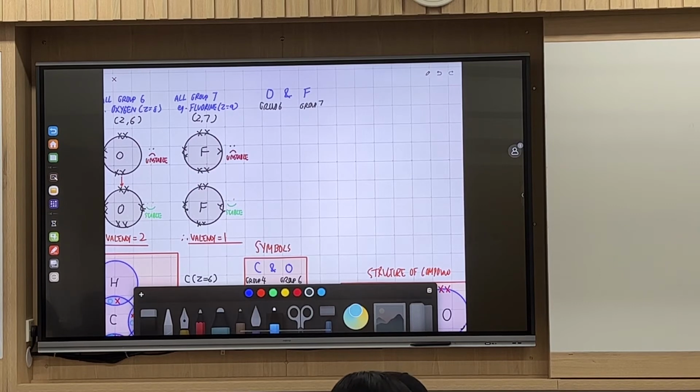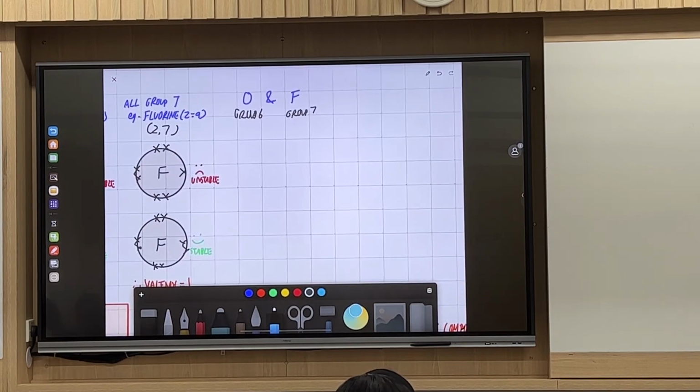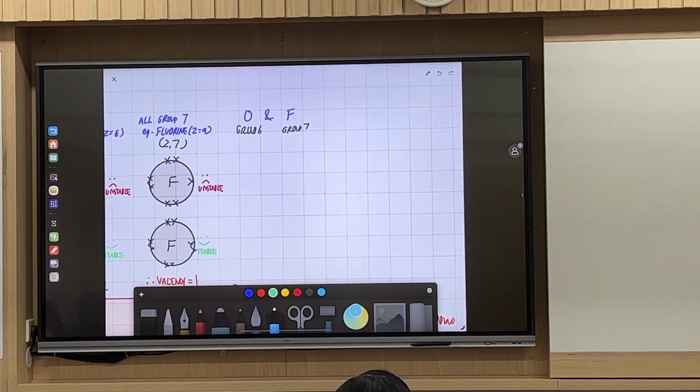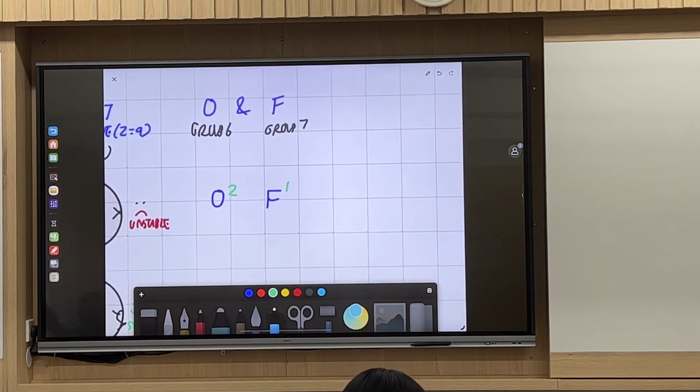So can anyone tell me the formula of this compound? OF2, yes. That's because if something is from group 6, the valency is 2. If something is from group 7, the valency is 1. So you have O with a 2 on top, F with a 1 on top. Then when you swap them, you get OF2.